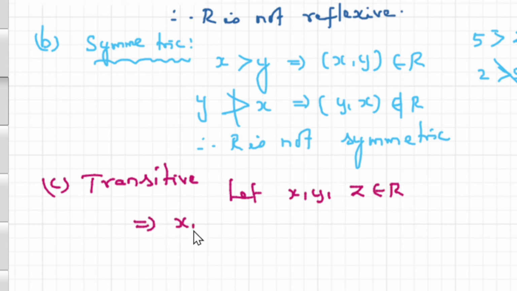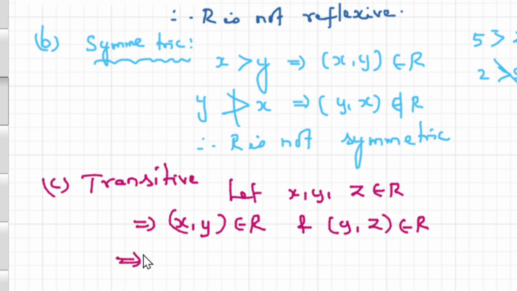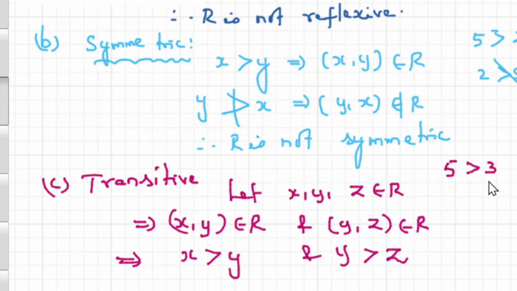If we have x comma y belongs to R and y comma z belongs to R, this implies x is greater than y and y is greater than z. For example, 5 is greater than 3 and 3 is greater than 1.